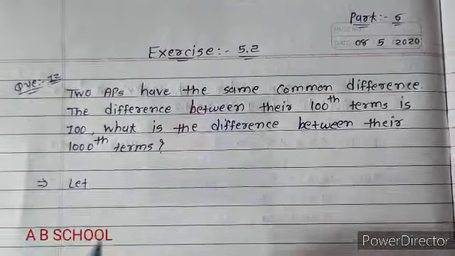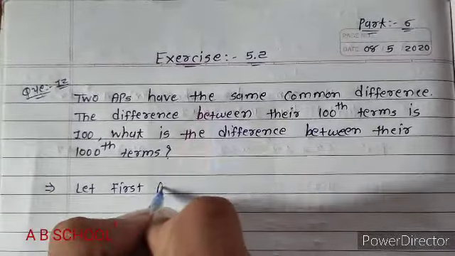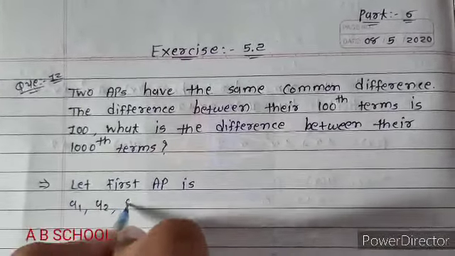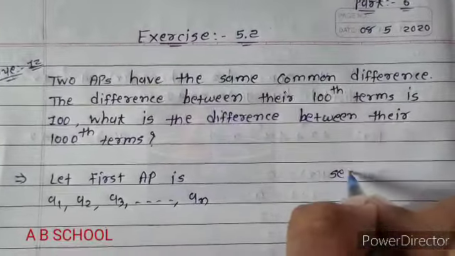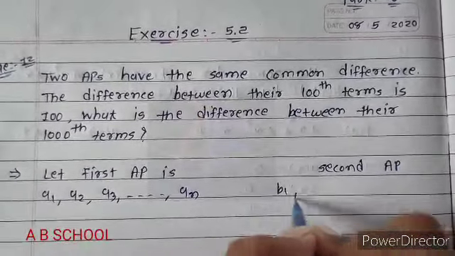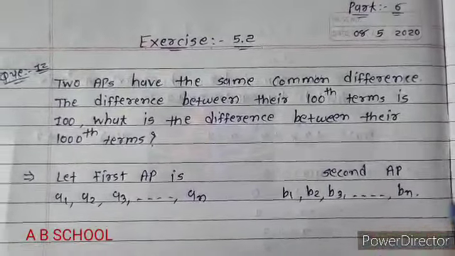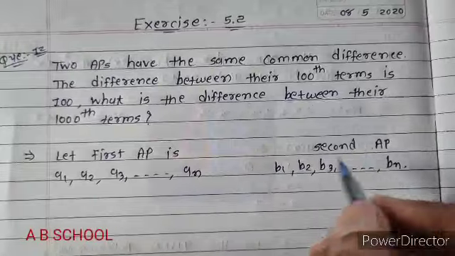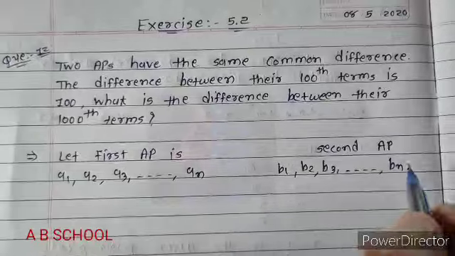So let first AP be A1, A2, A3 up to so on An, and second AP is B1, B2, B3 up to so on Bn.